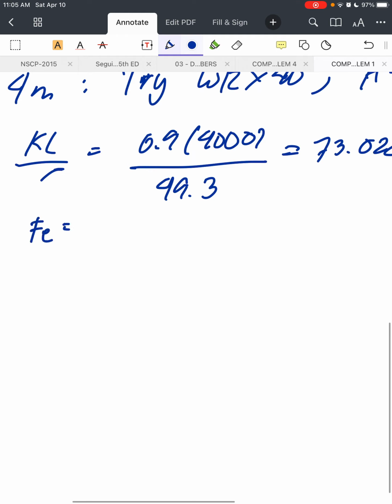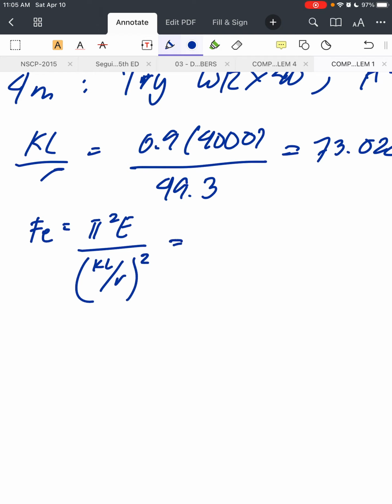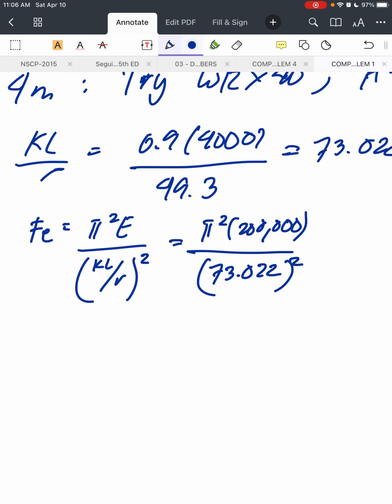So after we get our KL over R, we can now compute for the Fe. Fe is equal to pi squared E over (KL over R) squared. So that's equal to pi squared times 200,000 over 73.022 squared.